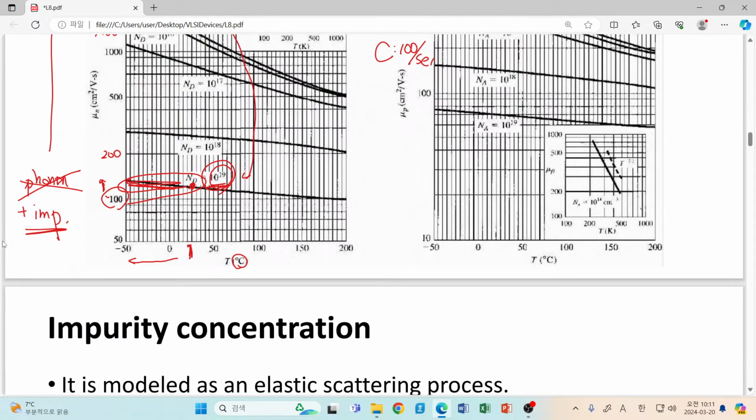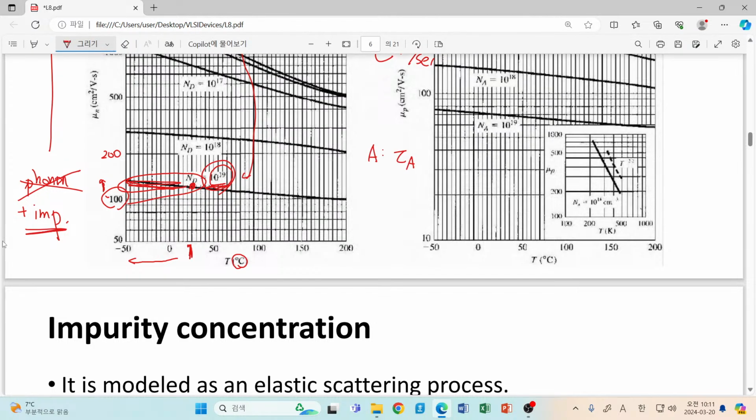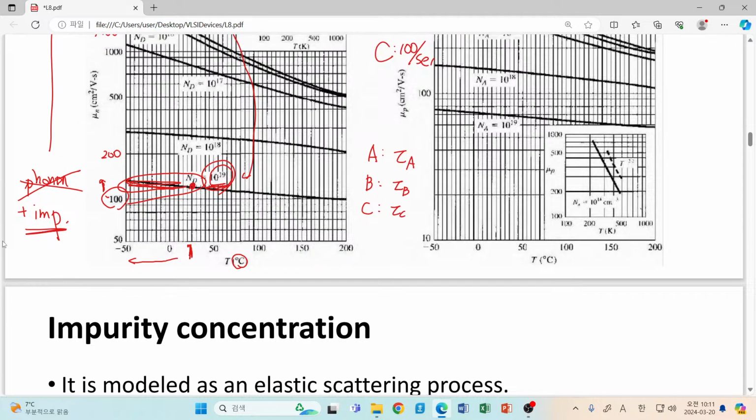For that case, usually we make this kind of thing. Each of them, mechanism A, can have a typical time for scattering, tau A, for example, B, tau B, C, tau C. Then which one will be the most influential one?